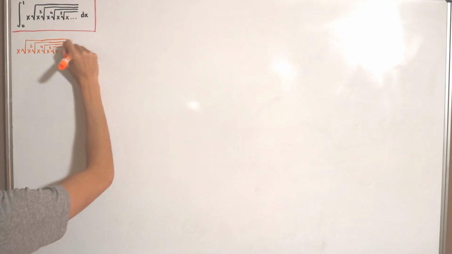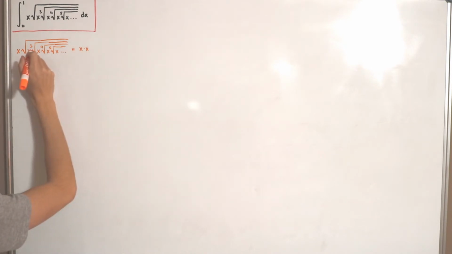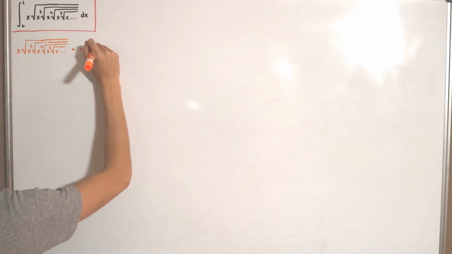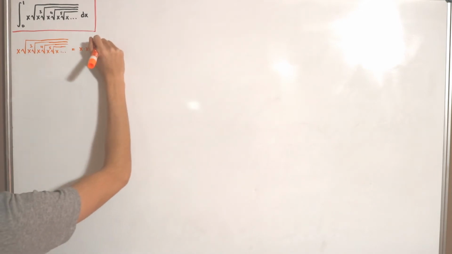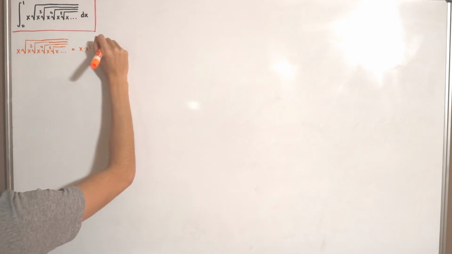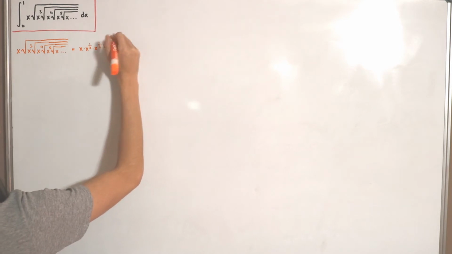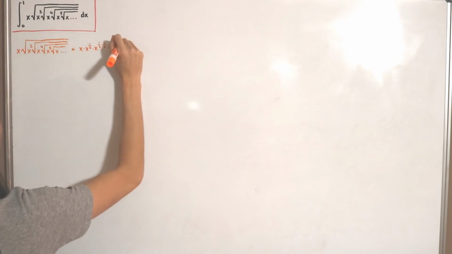So this is equivalent to x to the power 1, that's coming from here, multiplied by x to the power of the square root, so 1/2, and then multiplied by x to the power of the cube root, 1/3, associated with the square root, so that means times 1/2, then multiplied by x to the power 1/4, then 1/3, then 1/2, and you see the process still goes on.